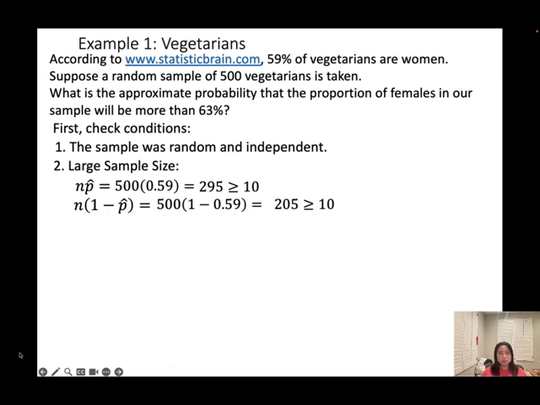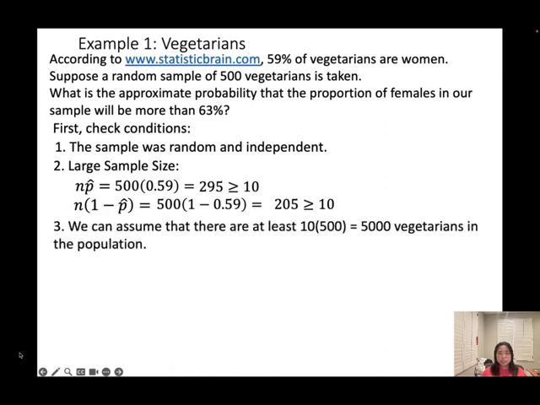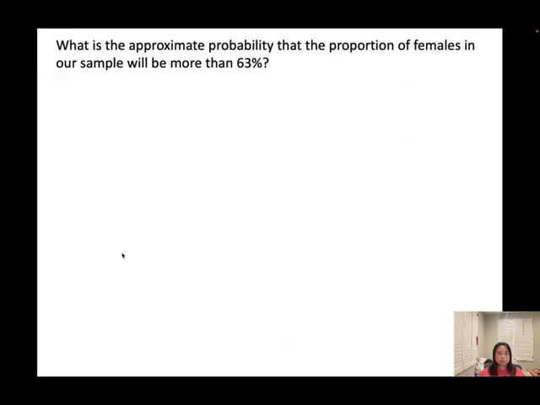Condition 3. We can assume that there are at least 10 times 500, so 5,000 vegetarians in the population. So it fulfills the three requirements. What is the approximate probability that the proportion of females in our sample will be more than 63%?